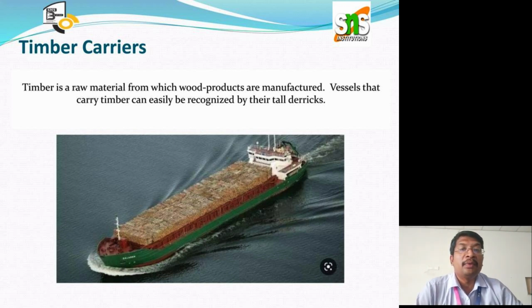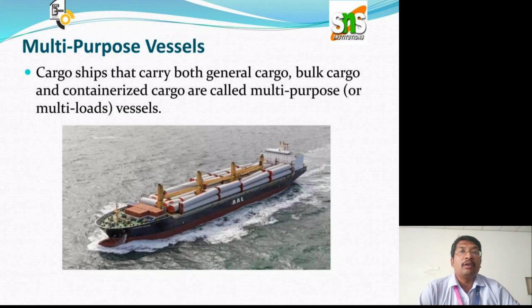Next, multi-purpose vessels. Cargo ships that carry general cargo, bulk cargo, and containerized cargo are called multi-purpose or multi-load vessels. So it is not used for one single purpose. We already discussed containers, so you can take containers, general cargo, and also bulk cargo.